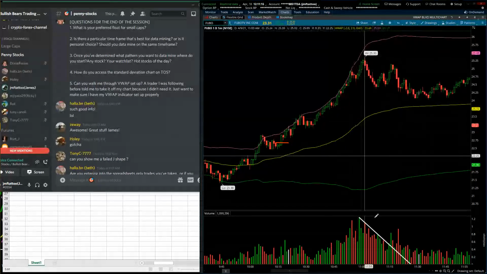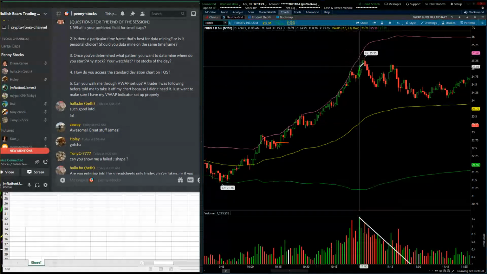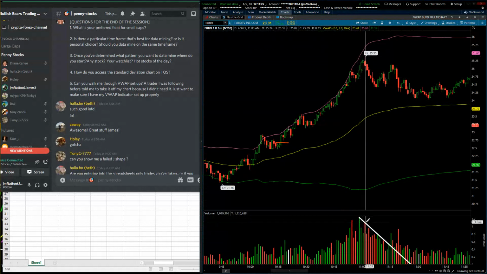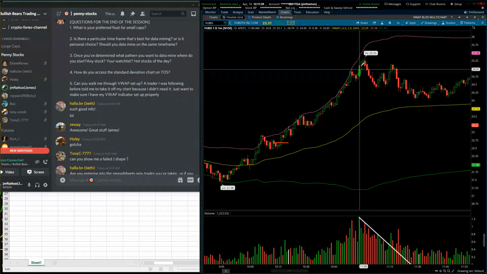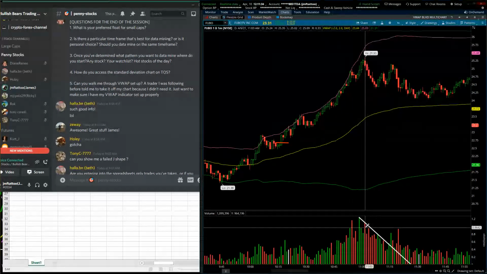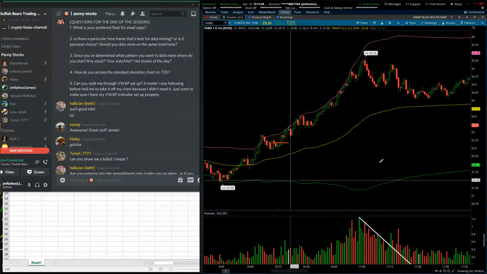So that is a hint. We've moved off the second standard deviation. There's space now between it, showing you that momentum is not as strong, and volume is actually starting to decline on that up push. So that right there can be a signal to, hey, I want to look at maybe getting out soon. Okay. So that's how that works.